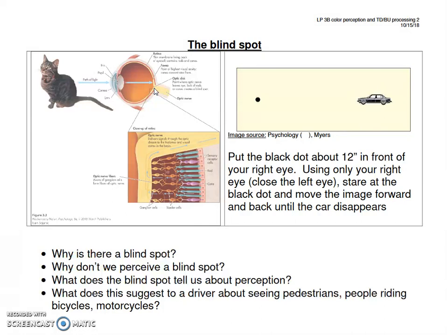Now the reason why I like the car one instead of the spider one in your book is that if you're driving and only looking at the world with one eye, which doesn't happen often, but if we are turning left or right, sometimes we do that really quickly, and in fact we're only using one eye when we're looking quickly to the left or to the right.